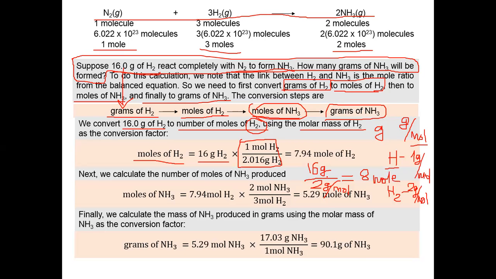Now look at this one. This is basically written the same. Only, instead of dividing 16 by 2 grams per mole, they multiplied it by the reverse of 2 grams per mole.